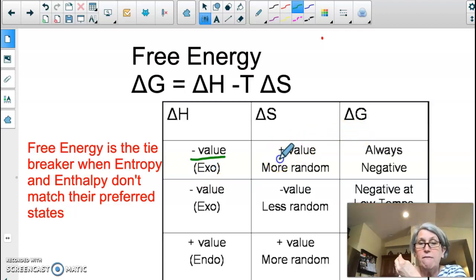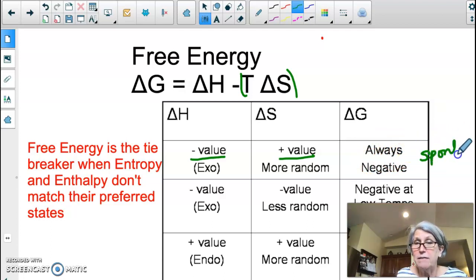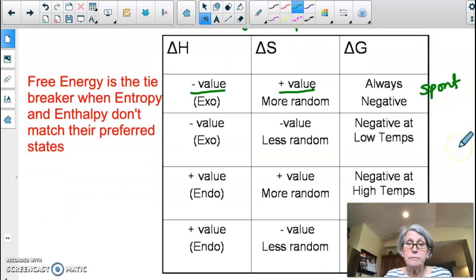And if the entropy is increasing, then in the delta G equation, a negative delta H and a positive delta S, because you're multiplying it by this term right here, you will always end up with a negative delta G. So that is always going to happen. This reaction will always be what we call spontaneous, compared to the bottom one that we have here.